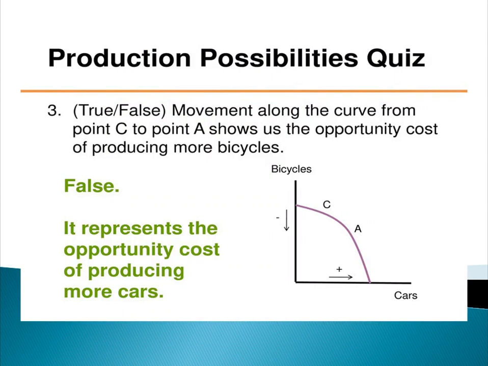from moving point C to point A. So is this the opportunity cost of producing more bicycles? No. This is the opportunity cost of producing more cars, because if the resources are being shifted from point C to point A, they are producing more cars. The opportunity cost is what? Bicycles.